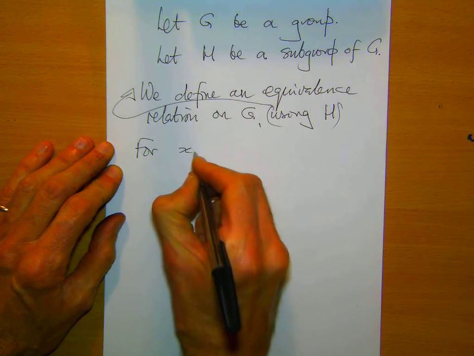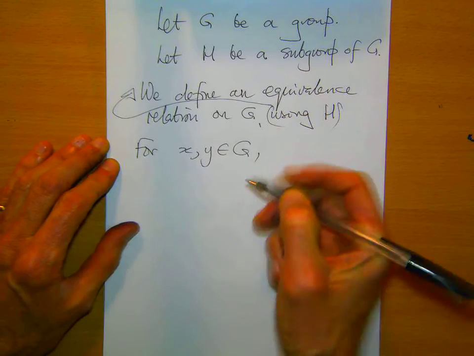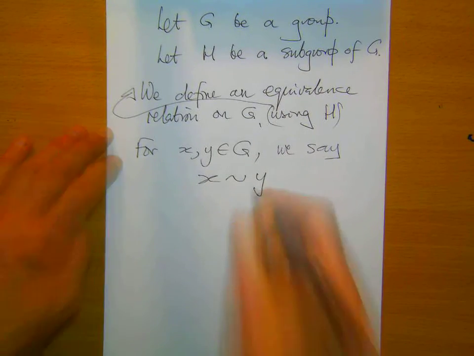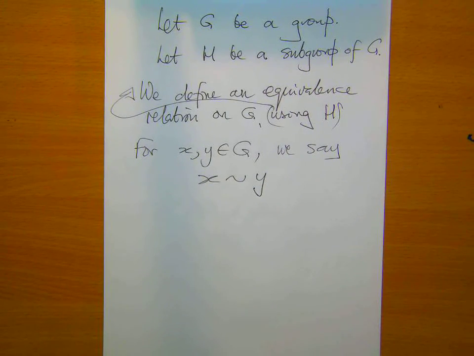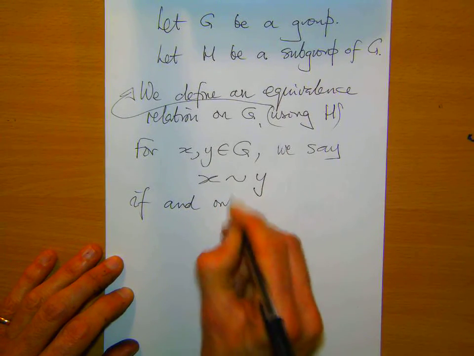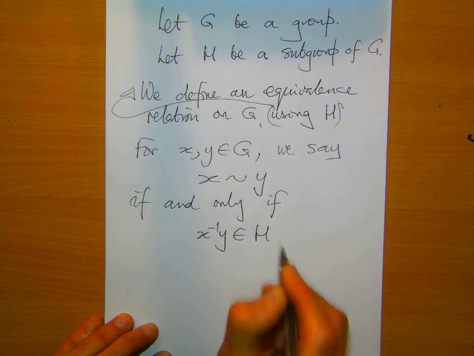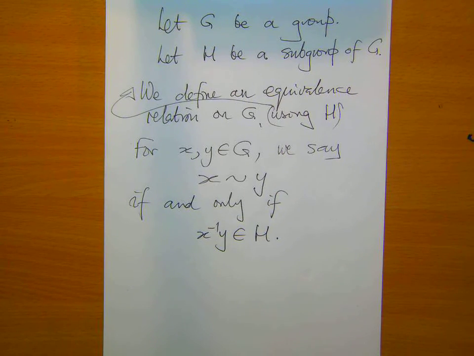So for x and y in G, we're going to say that x is related to y, I'll use tilde for the relation, if and only if x inverse y is in H. Okay, so x inverse y is just the product of the group element x inverse with the group element y in the group G. So if we compute this product, it's either in H or it isn't. If it is, then we say that x is related to y. Okay?